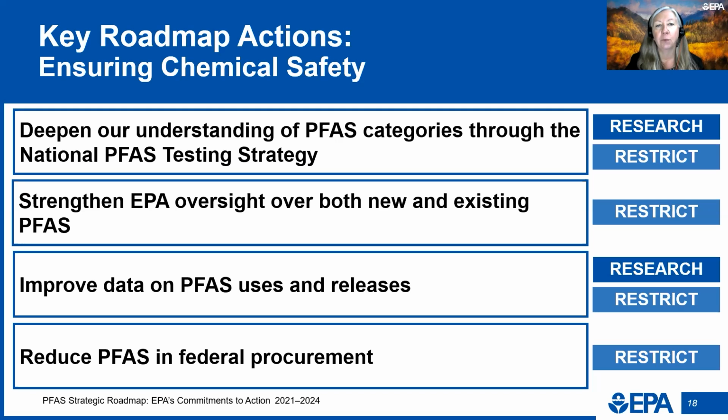Second, EPA is working under its TSCA authorities to strengthen EPA oversight over both new and existing PFAS. EPA is working to ensure a robust review process for new PFAS to ensure that chemicals are safe before they enter commerce.